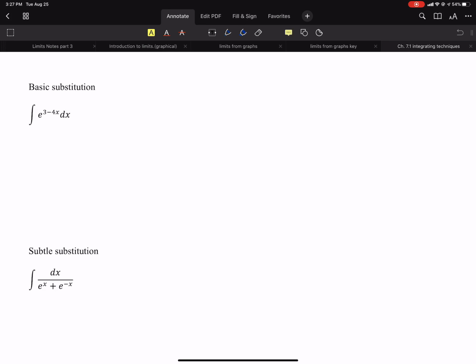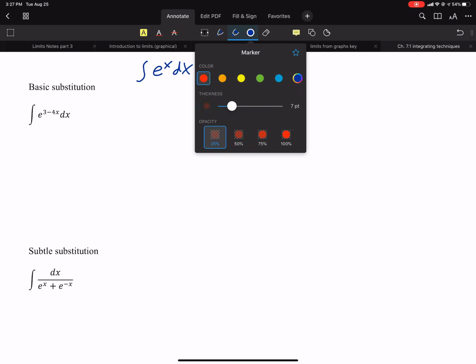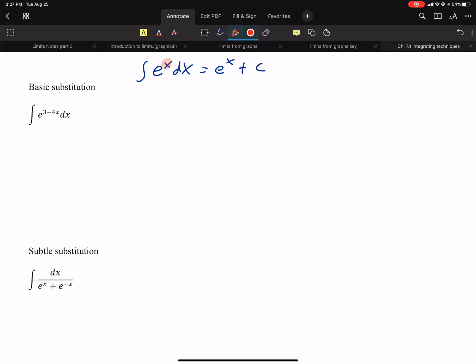So basic substitution, this first one, you should all know. If you look at this, we have a problem because it only works when we have a single variable there.